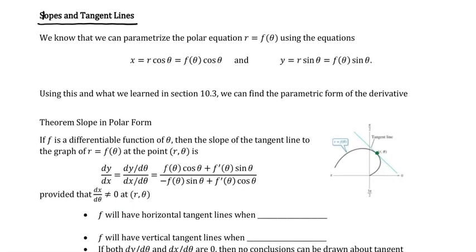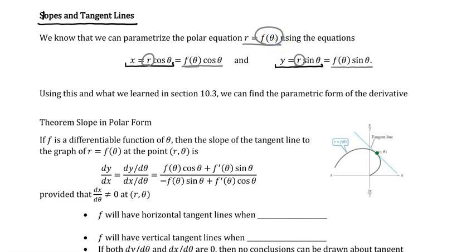As a reminder, we formed those parametric equations by using the equations x is equal to r cosine theta and y is equal to r sine theta. And remember that r is simply the equation of our polar function. Now we have those parametric equations, x is equal to f of theta cosine theta and y is equal to f of theta sine theta. We just replaced r with the polar function.